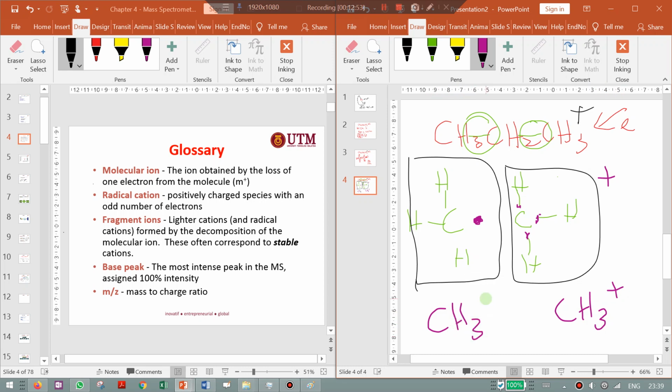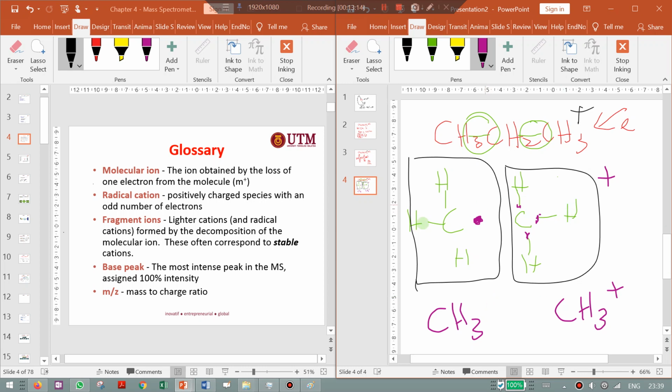Radical here is not the radical that you imagine from UV light. The radical here only refers to mass spectrometry. I don't want to go into the UV radical. We focus on the radical in terms of mass spectrometry.